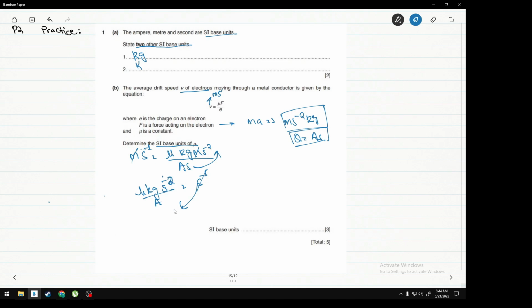So it becomes second negative 2 and it gets cancelled out. So mu is equal to ampere second square per kg. So this is the answer. Right? Because what we did next was multiply a here and divide all of this here. And the second goes up and becomes second square. So let's move on.